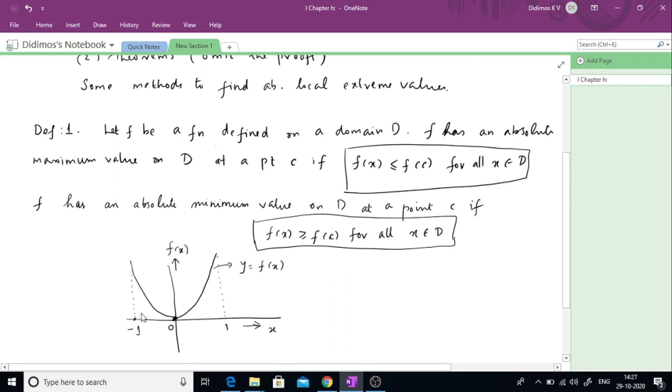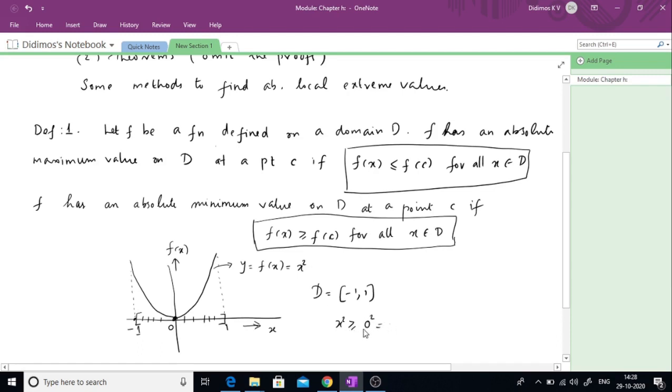If you take this as our D, the closed interval -1 to 1, you can say that if you take any x here, then x square, this is the definition of f of x is x square here, because this is a parabola, a common curve. So x square is always greater than or equal to 0 square, right? Because in this interval, when we take any x and take the square of that, that will always be positive.